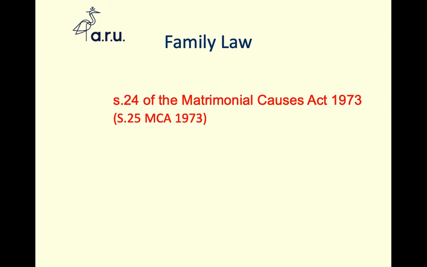The court has an unlimited discretion under section 24 to reallocate property between the parties in a divorce, and the adjustment includes either transferring the property to the other partner or ordering the sale of the property. And section 25 then would mirror section 15 of TOLATA in giving guidance to the court as to how and whether to exercise that power.